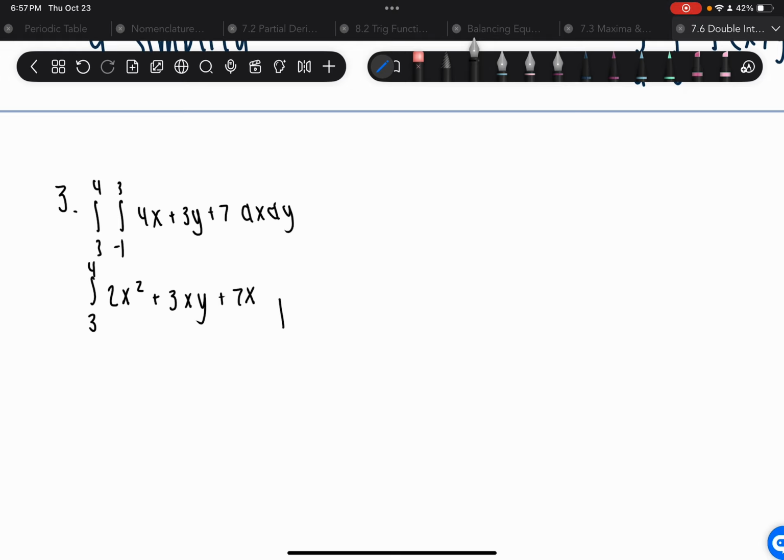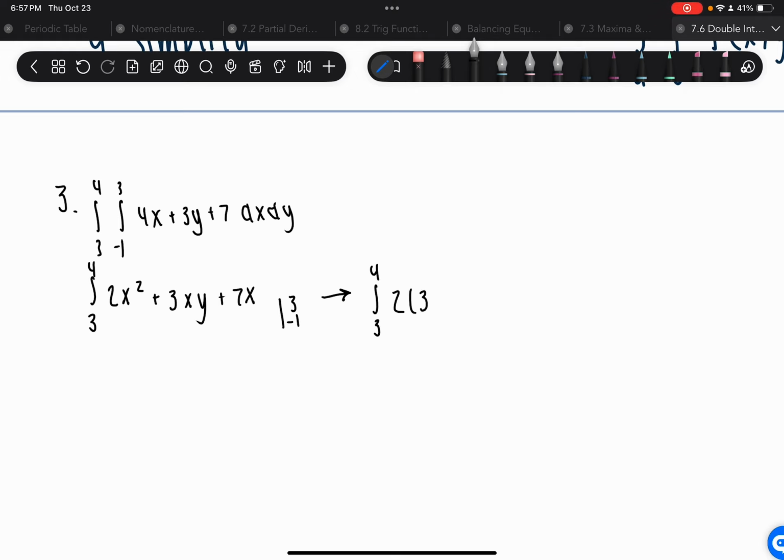And then I'm going to be plugging in -1 and 3. So when I do that, I'm going to be plugging in my 3 first and then subtracting all of that and then plugging my -1 in.